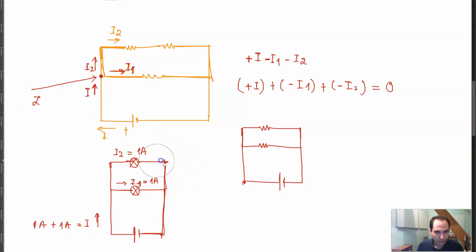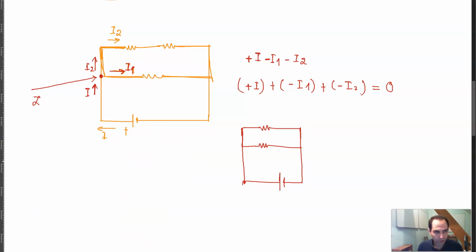Which means that in this particular case, if this is I2, and this is I1, and this is I, the total current, I can say that I is equal to I1 plus I2. That always holds.